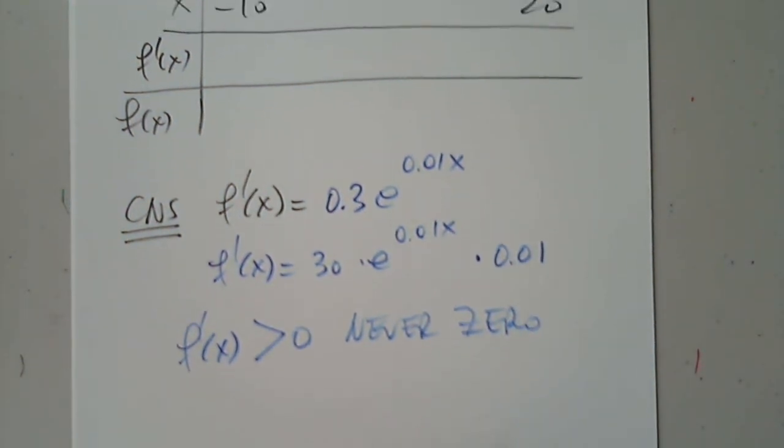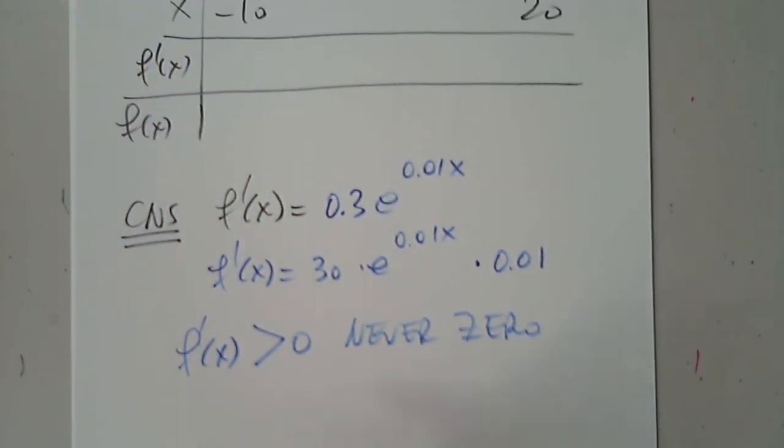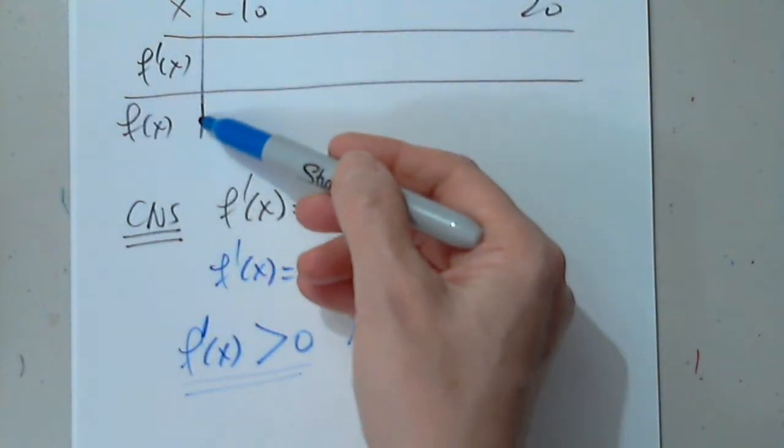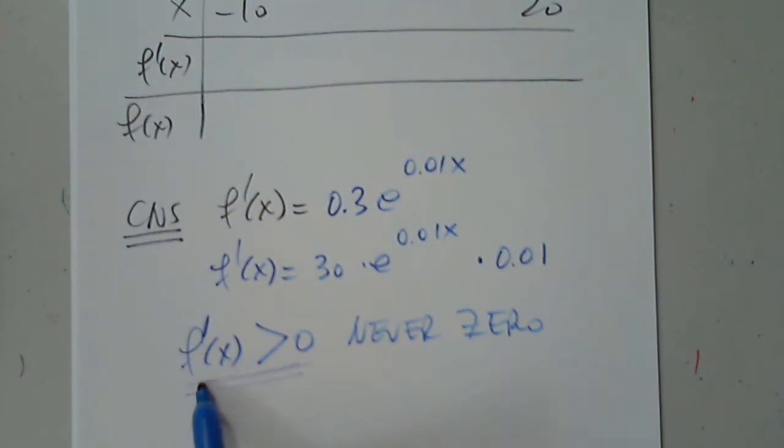What does this mean? When a derivative of a function is always positive, what do we know about the function? What does the function do when its derivative is always positive? It never goes below 0.